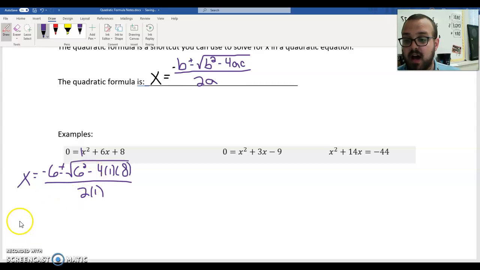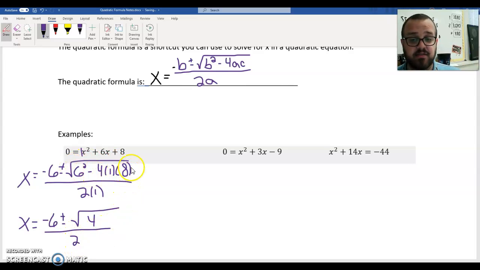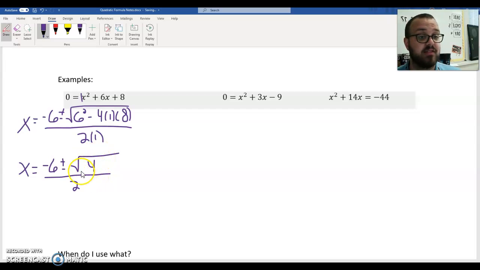So x is going to equal negative 6 plus or minus the square root of 36 minus 32, which is 4, and that's all going to be over 2. After you simplify whatever's underneath the square root, you're then going to simplify the square root fully as much as you can. In this instance, I have a perfect square, which is nice, so it's going to become just the value of 2. So x is going to equal negative 6 plus or minus 2 over 2.